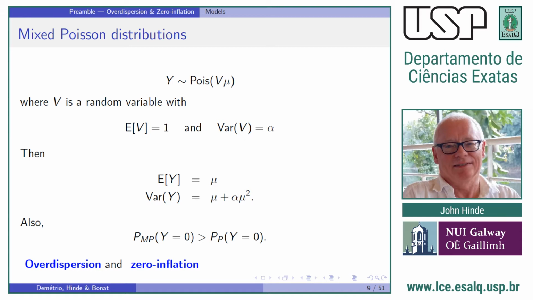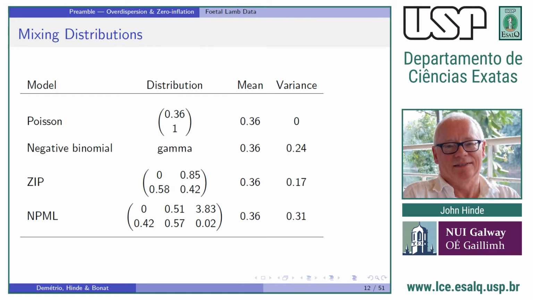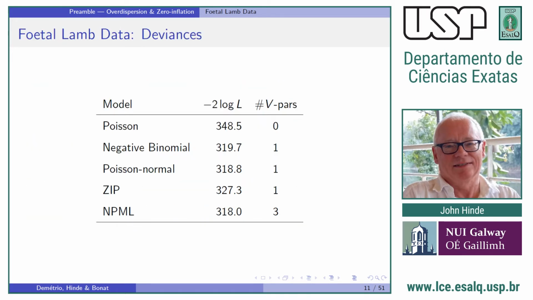Well, I've got a Poisson distribution, V is just 1, there are no extra parameters. The negative binomial is going to have mean 1 and an extra variance parameter. And 1 extra parameter, the deviance drops down to 319.7.